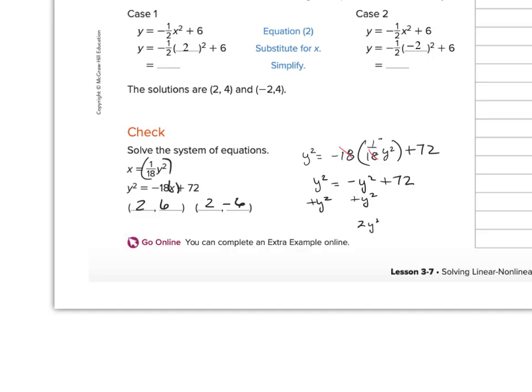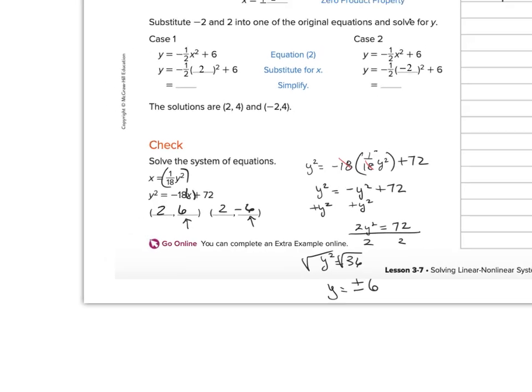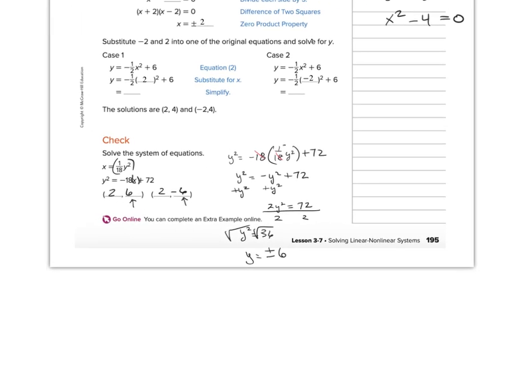I have 2y squared is equal to 72. Dividing by 2, I have y squared is equal to 36. Square root of both sides, I have y is equal to plus or minus 6. That's how we came up with that. Now, when you plug that back in for y, in either one of my equations, you will find that x is going to be equal to 2.